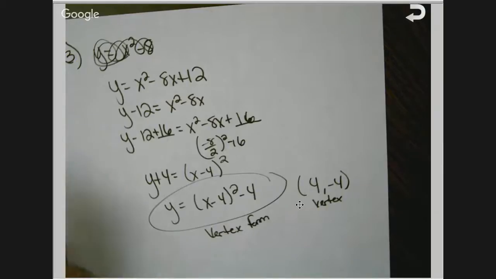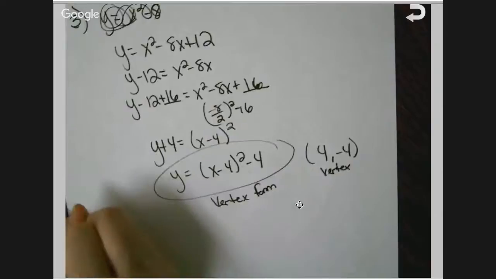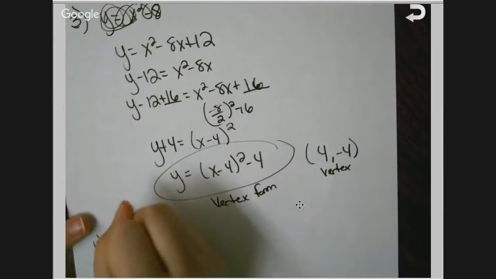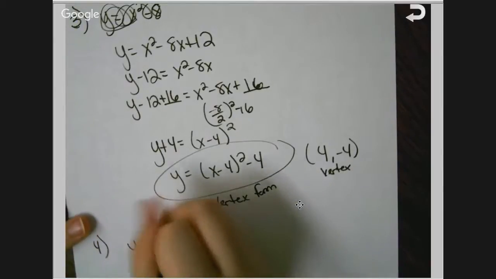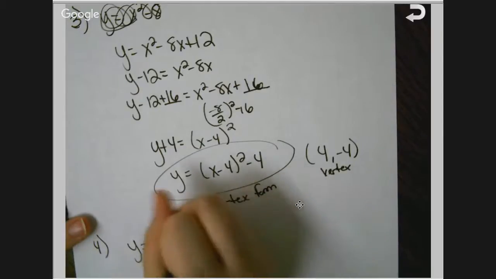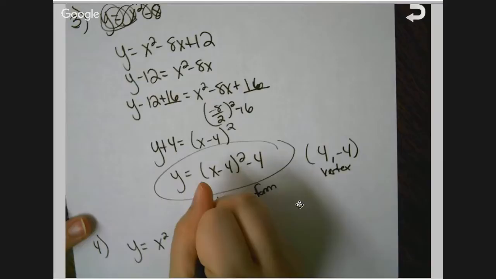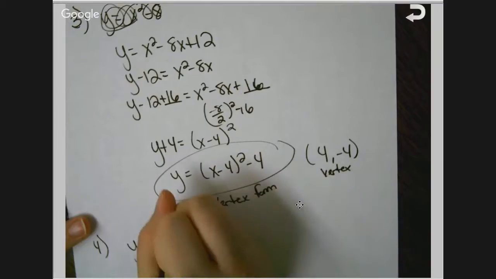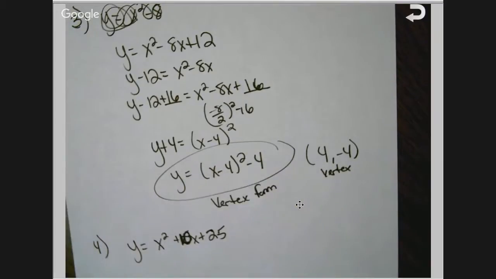Any questions? I'm going to show you real quick. I'm not going to spend a lot of time on it. If it was already like this, so x squared plus 10x plus 25, and I checked the very first step, like I told you, for it being already a perfect square trinomial, well, 10 divided by 2 is 5, and squared is 25.